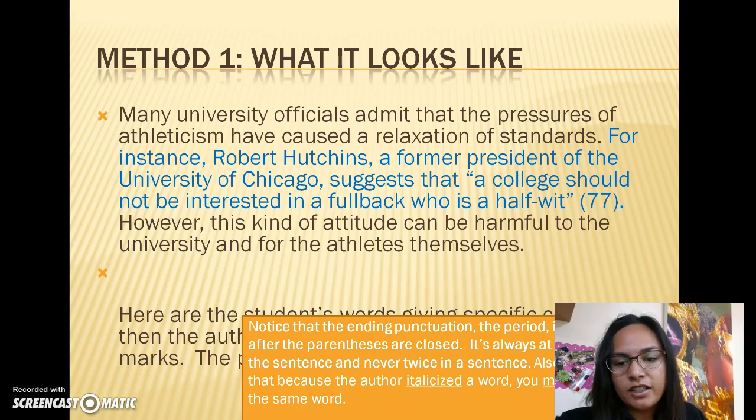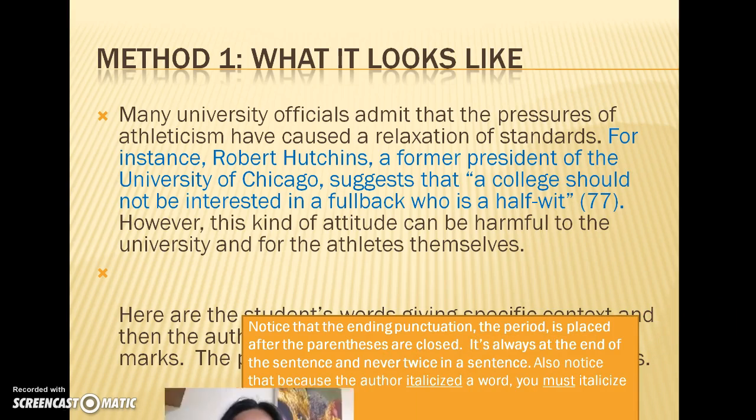I'm just going to move this over here. I want you to see these examples. If you look at what method 1 looks like, I've got an example here of a topic sentence. Many university officials admit that the pressures of athleticism have caused a relaxation of standards. For instance, here is a transition leading into the context that I'm going to provide for this quote. Robert Hutchins, a former president of the University of Chicago, suggests that a college should not be interested in a fullback who is a half-wit.